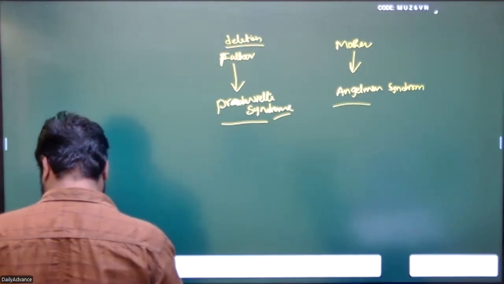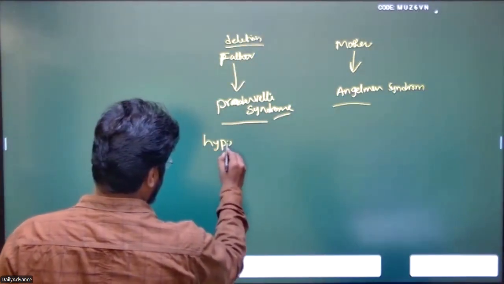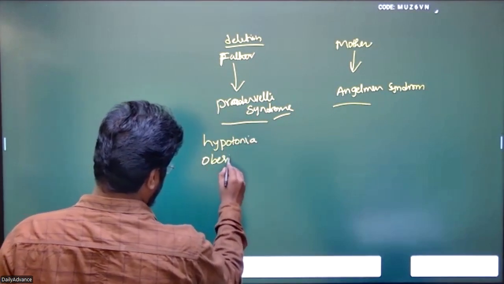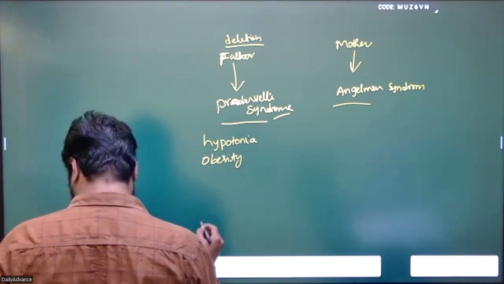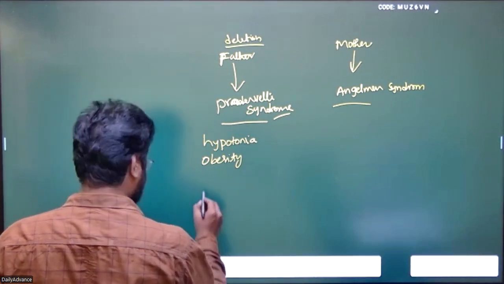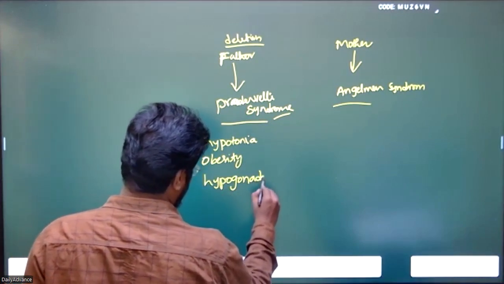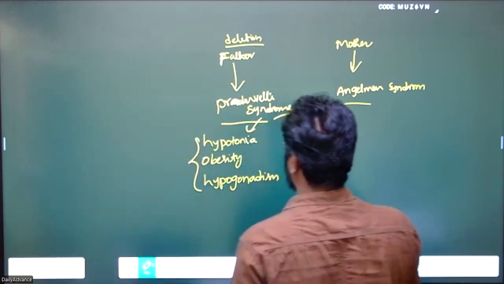In Prader-Willi syndrome, hypotonia, obesity, and third, hypogonadism. These are all the basic characters of Prader-Willi syndrome.